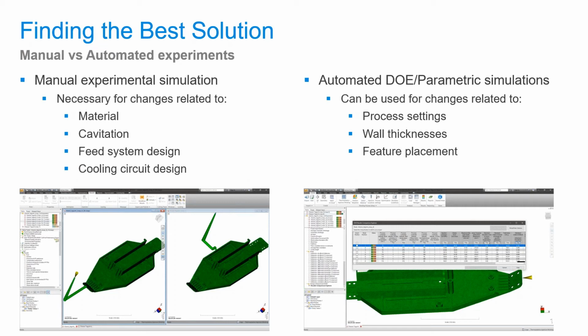Going this automated route results in a summary table and can include visual graphs, depending on what analysis you run, that aid in interpreting the effects of each of those changes, and as a result enables the analyst to identify if the original issues you were investigating are in fact able to be resolved through changing process settings or modifying wall thickness or even feature placements.